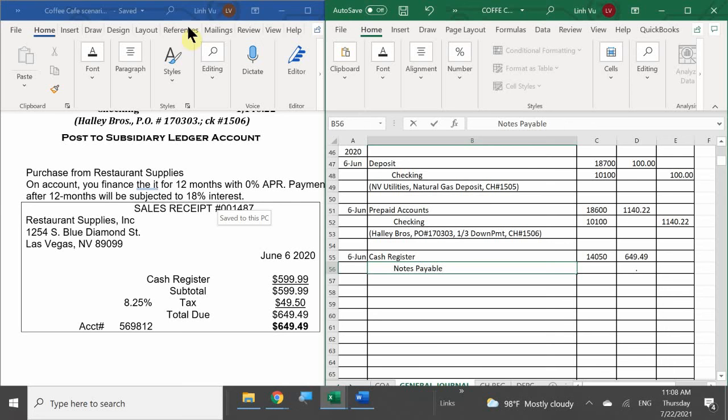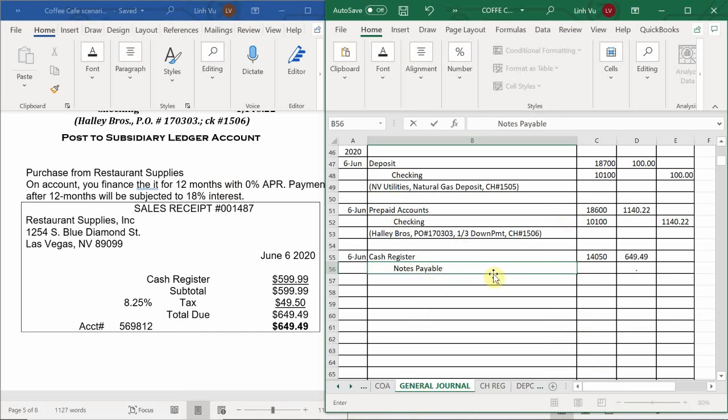Okay. So there you go. I put notes payable, which is account number 23,000. All right. And I'm going to place this as $649.49. So I got to clear that little dot out. So yeah, 649.49. All right. And I have all the information I need.